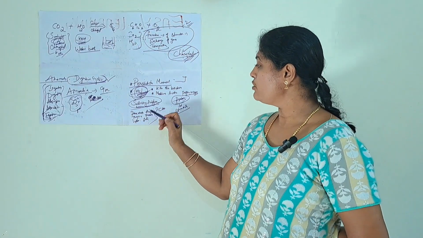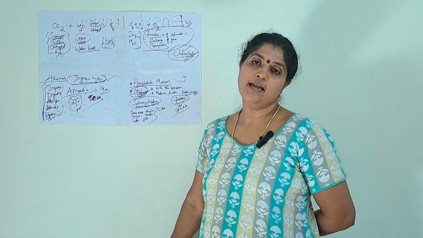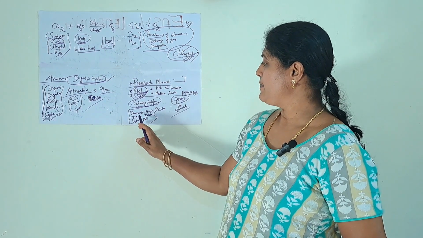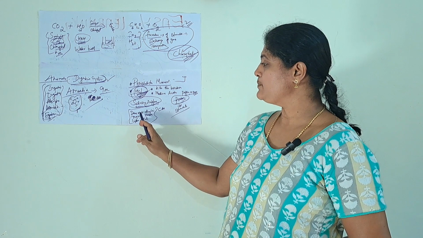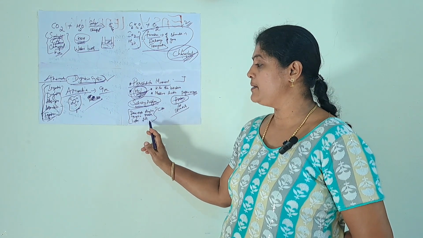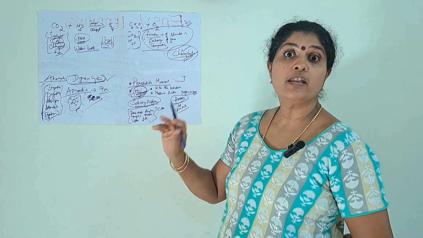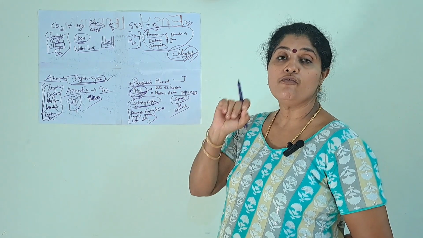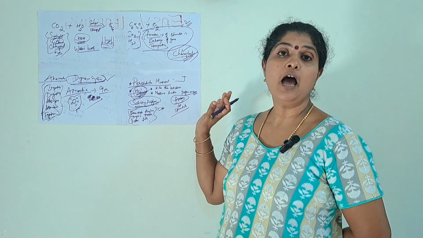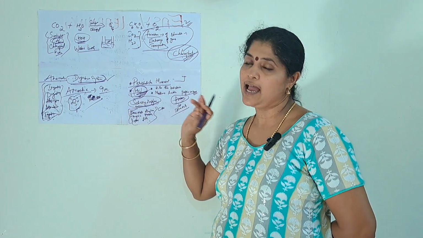Pancreatic amylase: carbohydrates; trypsin: protein; and lipase: fats. That is very, very important. You should always remember the enzyme names along with the function of each enzyme.